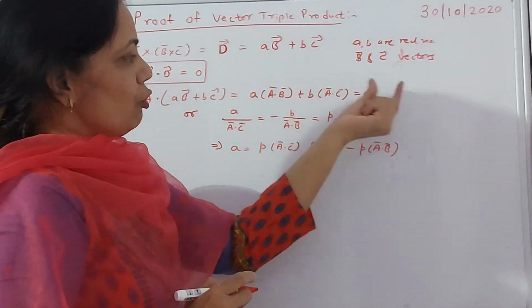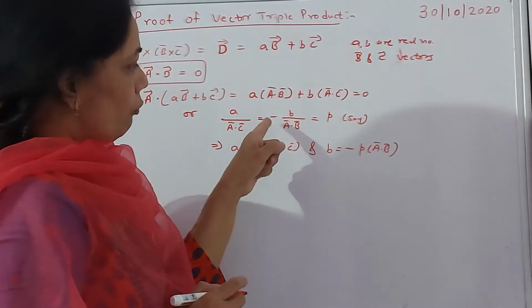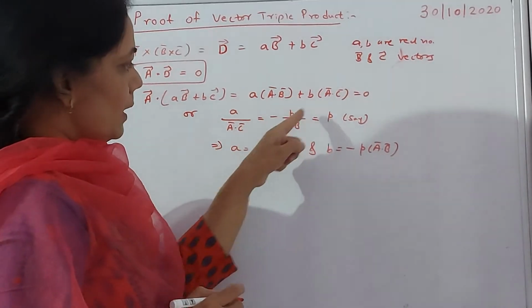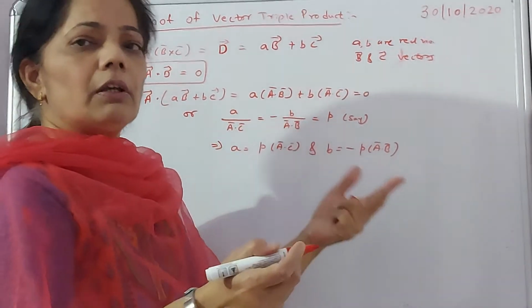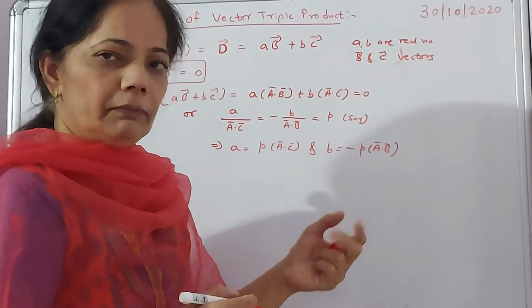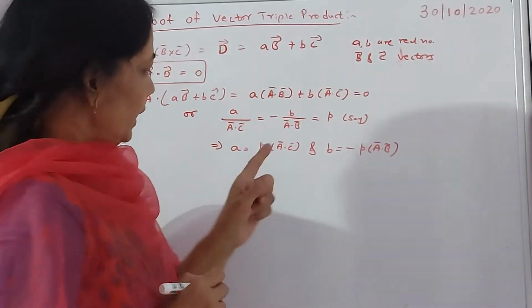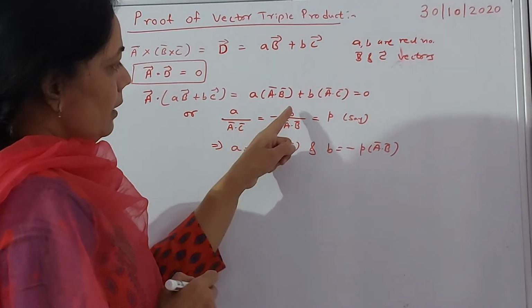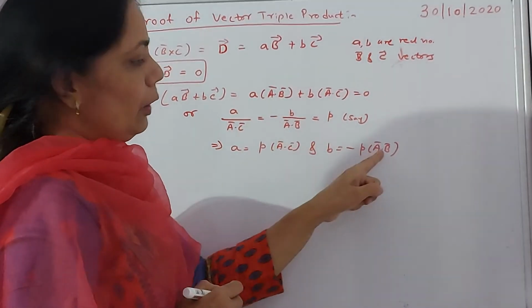If this term goes to the RHS, it gets a minus sign. So a upon A dot C is equal to minus b upon A dot B, which is supposed equal to a constant number whose value we'll find out later. Correct? So a is equal to P into A dot C, b is equal to minus P into A dot B.